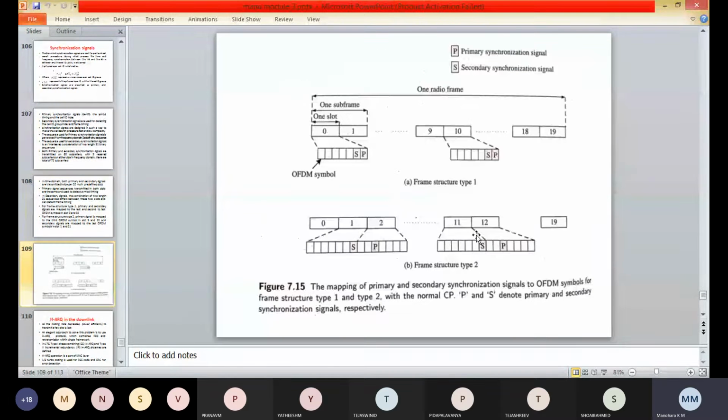So here you can look at this figure, the mapping of primary and secondary synchronization signals with OFDMA symbols for the frame structure type 1 and type 2 with the normal CP. Here P and S denote the primary and secondary synchronization signals.